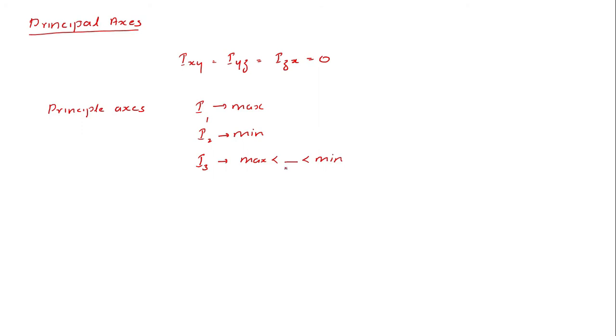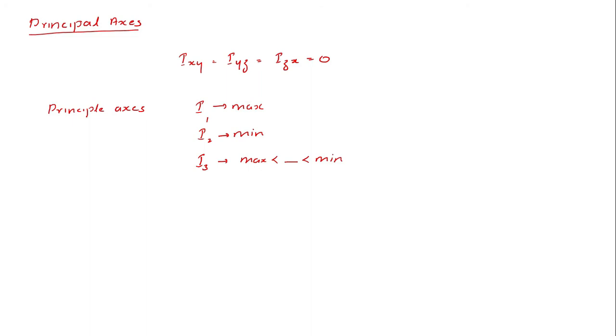Okay, now as such, identifying the principal axis is not easy, okay. In case of symmetrical bodies, okay, you may be able to identify the principal axis, but for a general three-dimensional body it may not be very easy to identify the principal axis.